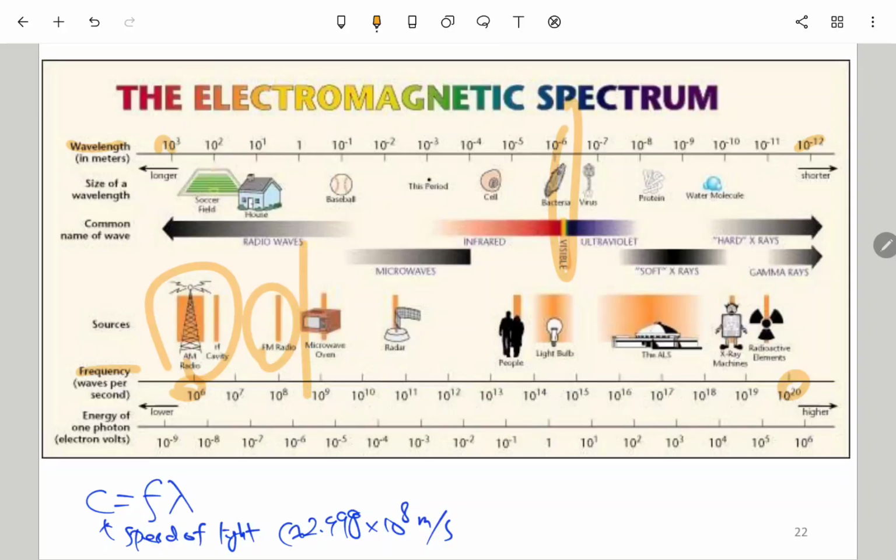Here we have the microwave, and some wireless communication like 3G, 4G or Wi-Fi actually uses this frequency band of around a few gigahertz.